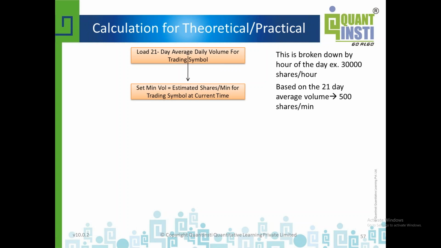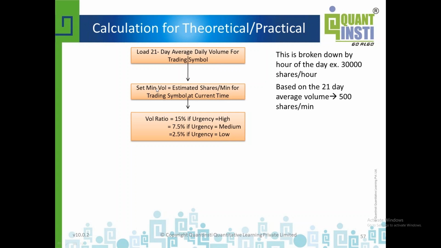Say 30,000 shares of Microsoft get traded in an hour, so in a typical day around 500 shares get traded per minute, right?